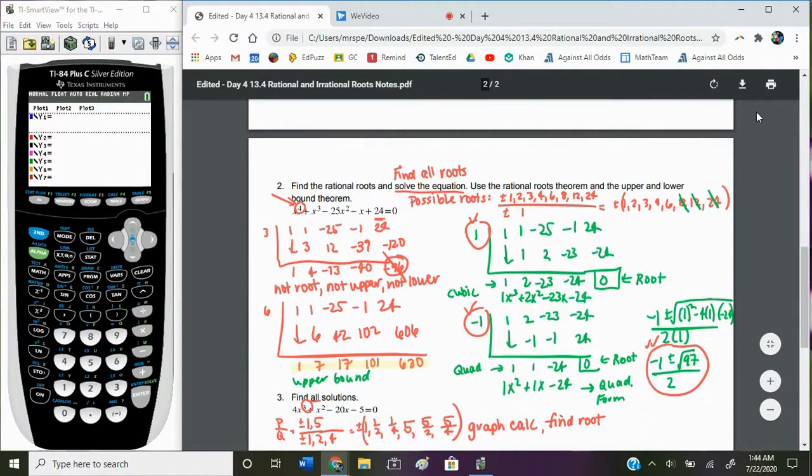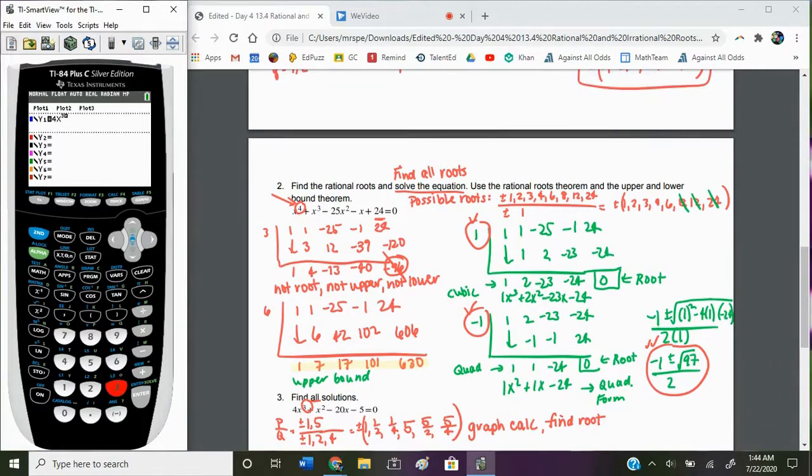We're going to go to y equals, and you do 4x to the third. Make sure you hit the right arrow to get out of the exponent, plus x squared minus 20x minus 5.